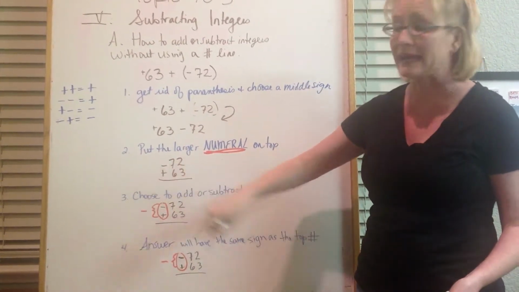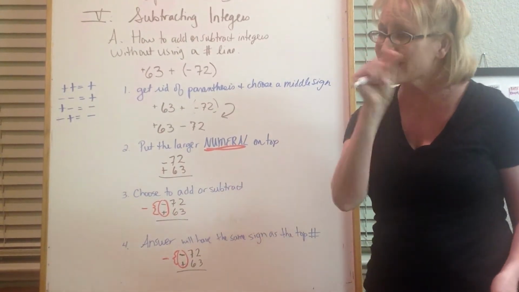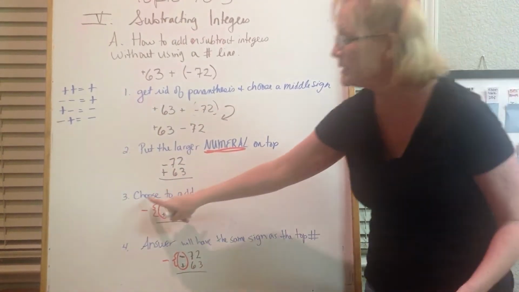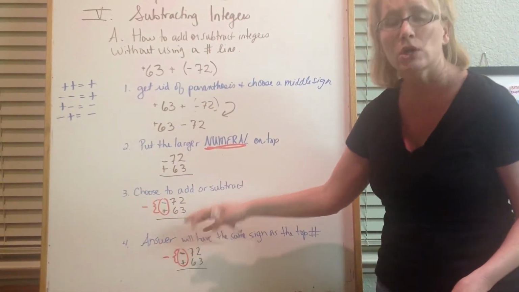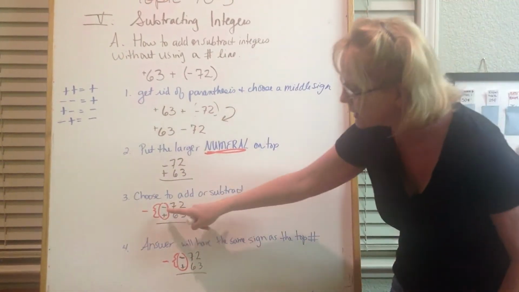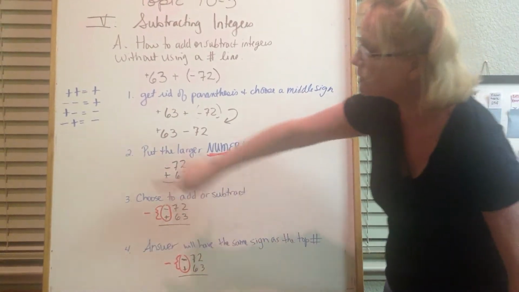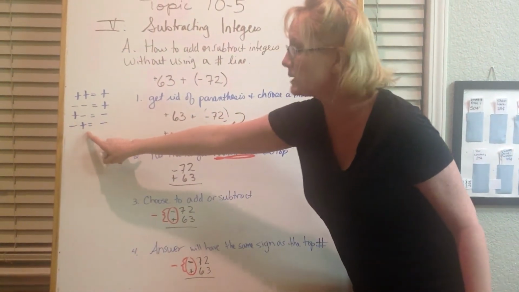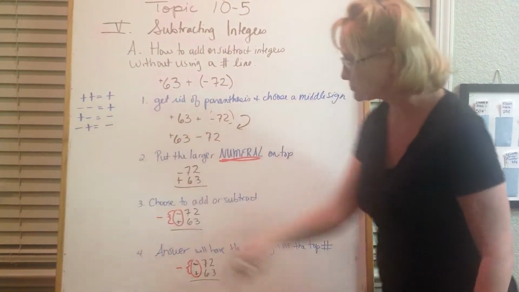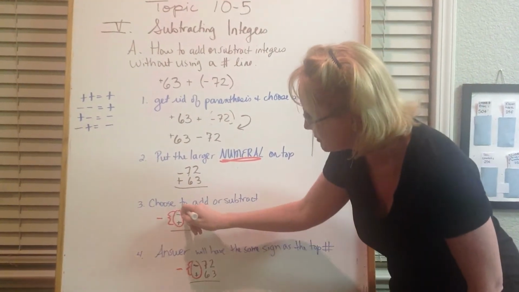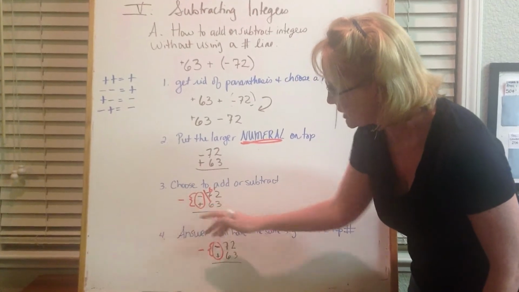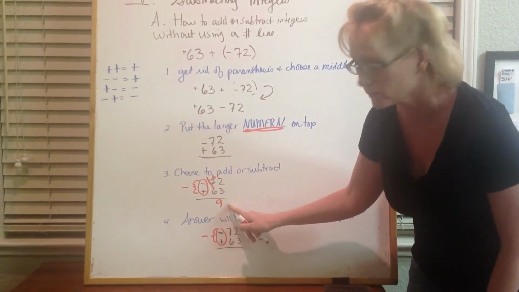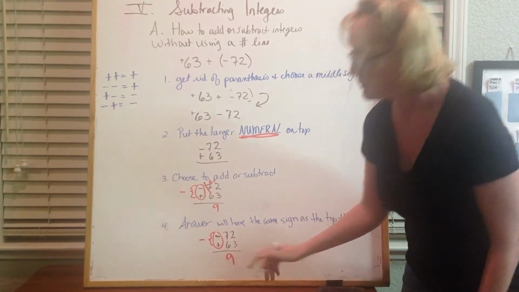Now once again, I have two signs next to each other. They don't like that. So now I need to choose by looking at its signs. Should I add these numbers or should I subtract these numbers? So I look again. I have a minus and a plus, which tells me I'm going to minus. So let's do that. We're going to borrow, and we have a 9 so far. Okay? But we're not done.